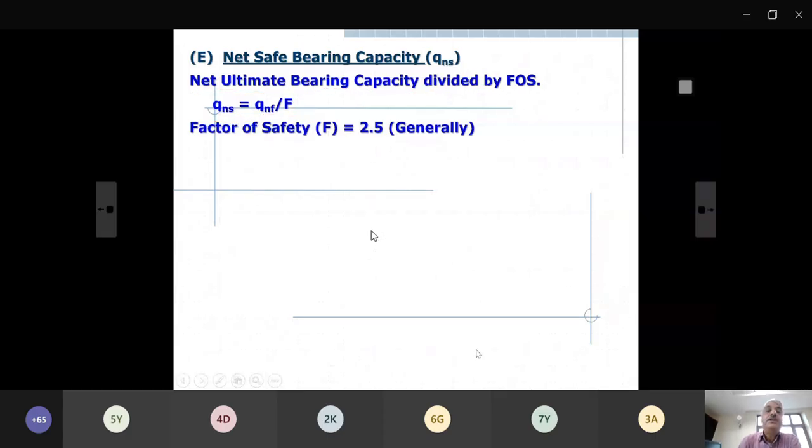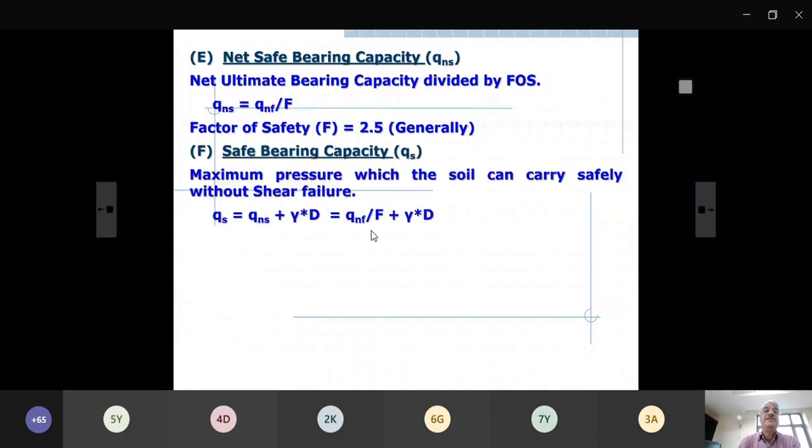So this is Qns, net safe. And from this you want to go to safe bearing capacity, net safe and safe, add gamma D in this. Qns plus gamma D, that will be safe bearing capacity, Qs. So it will be Qnf divided by F plus gamma D.